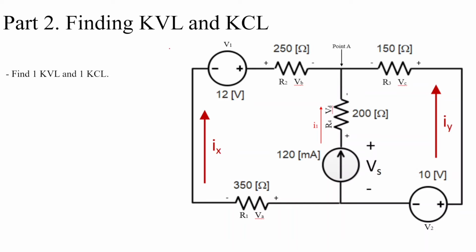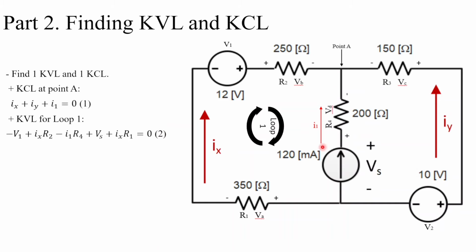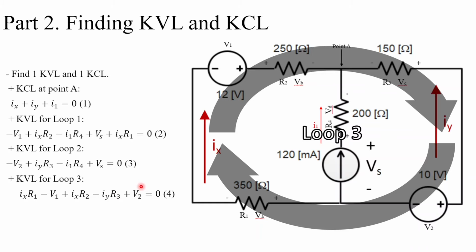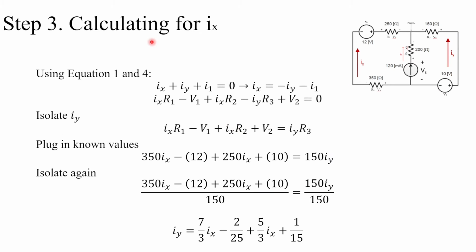For part 2, we'll find our KVL and KCL equations. First, we'll find our KCL at point A, as shown here. Then, using the loop rule for loop 1, we'll find equation 2. We'll find the same thing for equation 3 at loop 2, and then once more, the final fourth equation at the outer loop, loop 3. Then we'll begin to solve for Ix using equations 1 and 4.